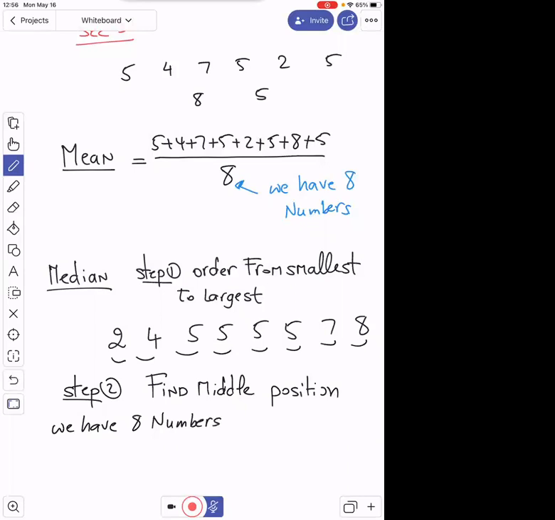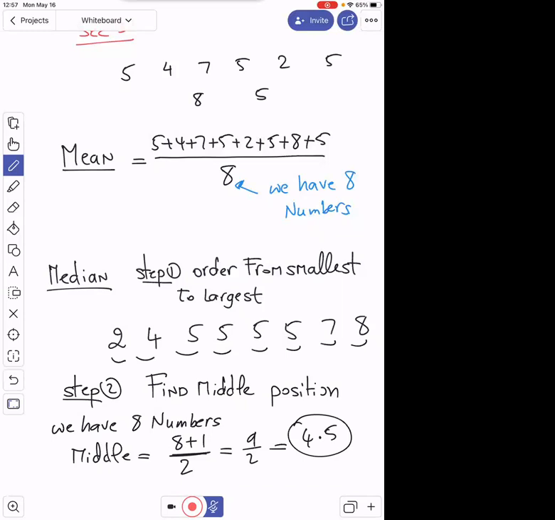What we do is we add 1. You always add 1. So it's 8 plus 1. If you have 20 numbers, it's 20 plus 1, and then divide by 2 to find the middle. So it's 9 over 2, that's 4.5. So the middle position is 4.5.